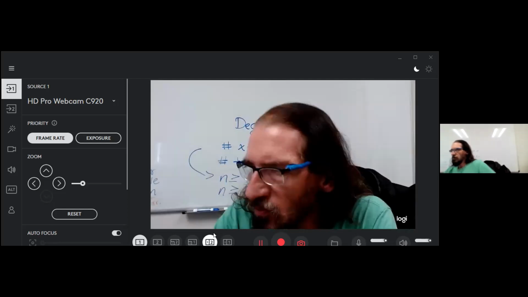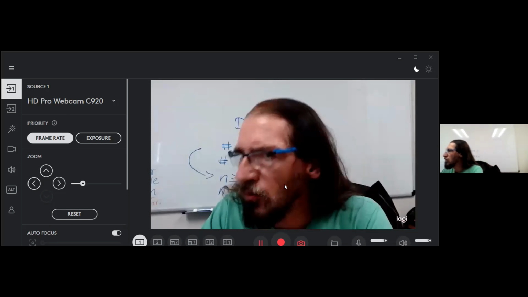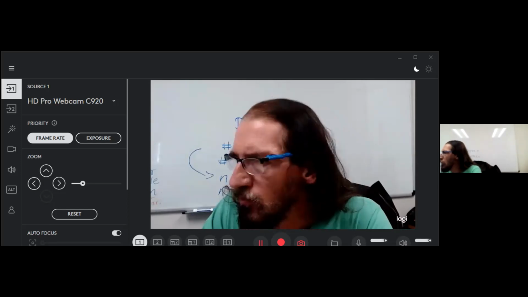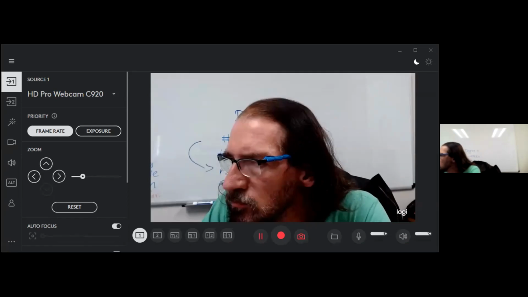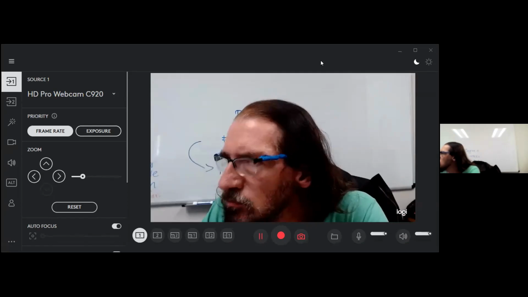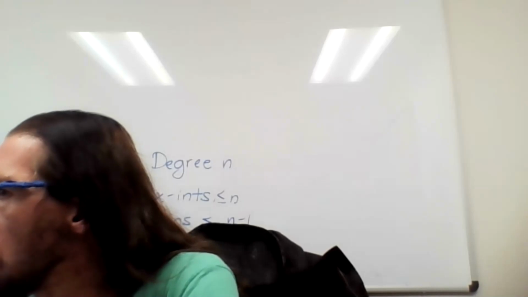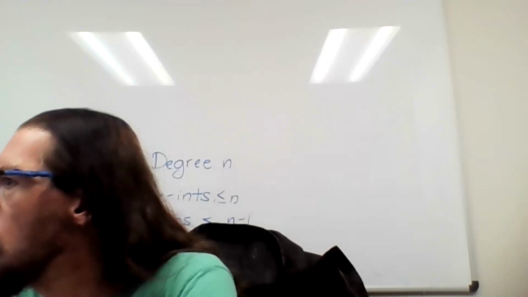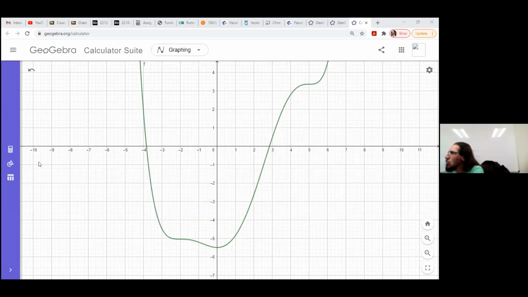So let's take a look at an example of a polynomial function's graph where we don't know what the degree is. And here we go. For as much as we can see here, only 2 x-intercepts.